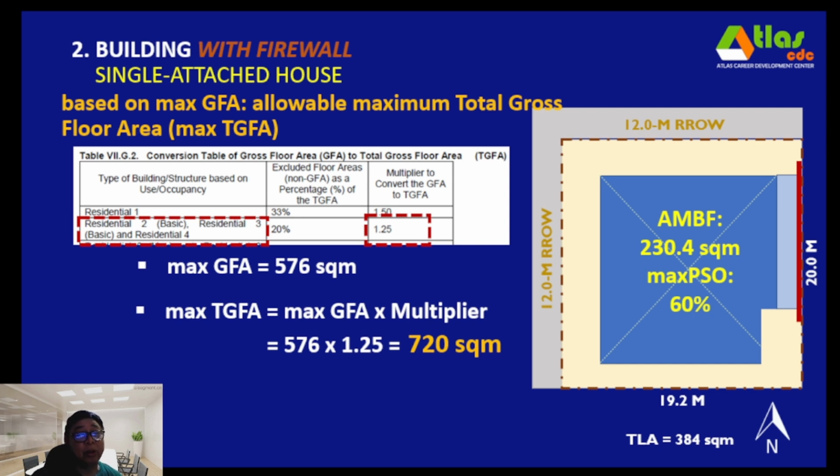So our maximum GFA is 576 multiplied by this conversion factor from table 7.G.2 shows our maximum TGFA at 720 square meters. Basically the same as our value of the maximum TGFA without firewall, because our value of the maximum GFA is also the same, 576 square meters.